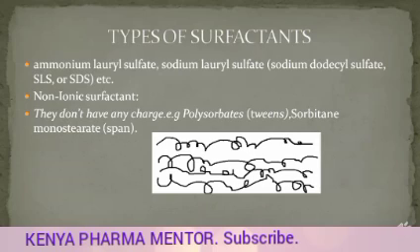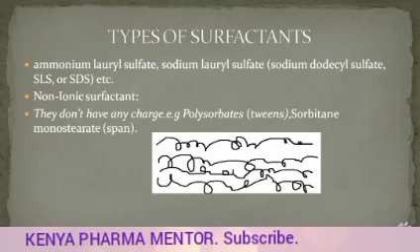Then the other type is non-ionic surfactant. They do not have any charge, and examples are polysorbates, known as Tweens. When you go to the pharmaceutical industry or the pharmacy, they will give you the name Tween.